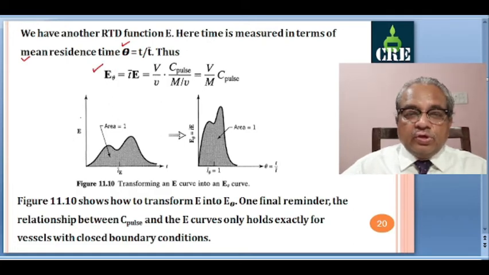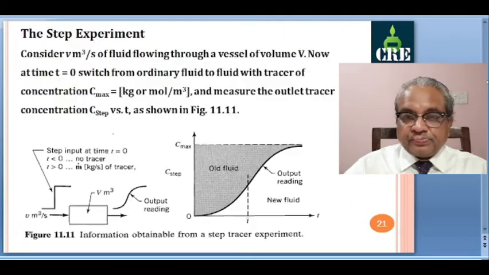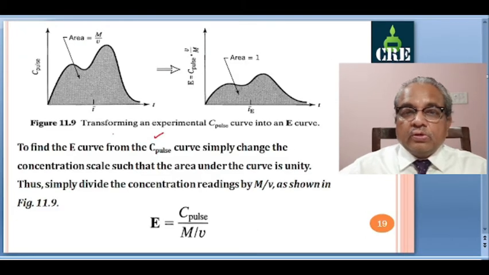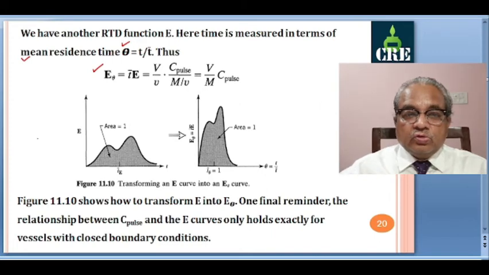So this plot of E against t is the representation of t bar E, and the area under the curve is 1. So the E curve you can transform into the E theta curve simply by multiplying by t bar, and here you plot theta, t by t bar, on the x-axis.